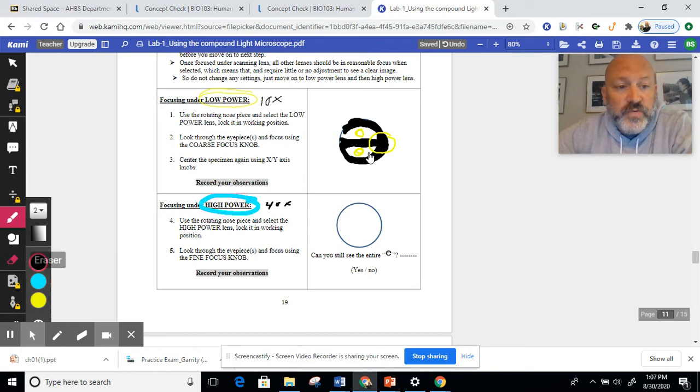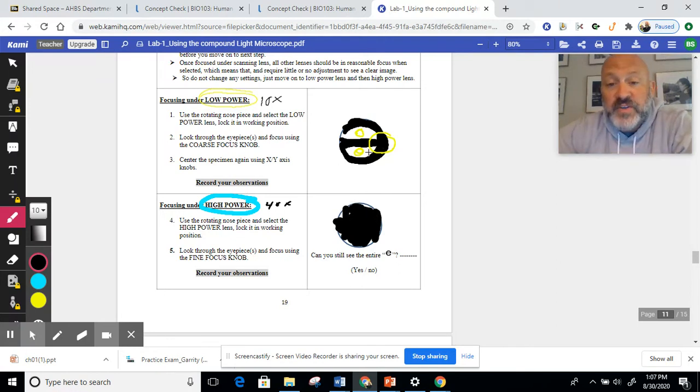And when you switch over to high power, what you would see if you moved in on that is just like a big smear of ink, really. Maybe it will go out this way too a little bit.